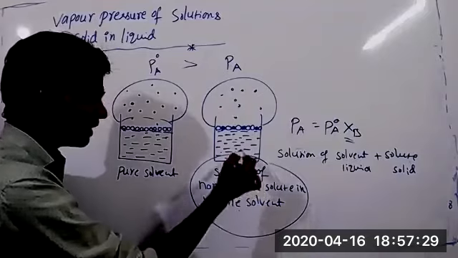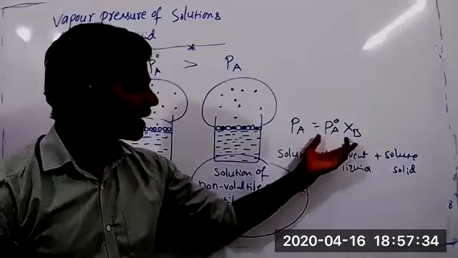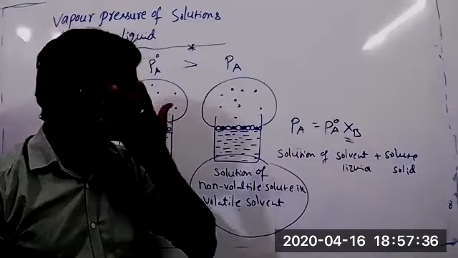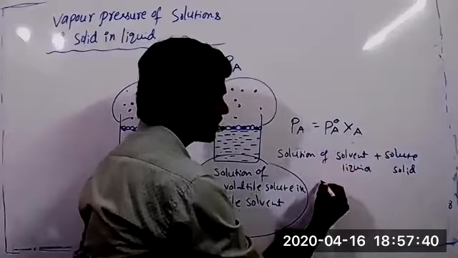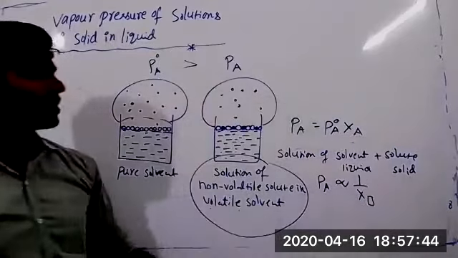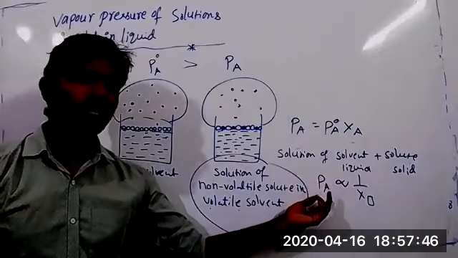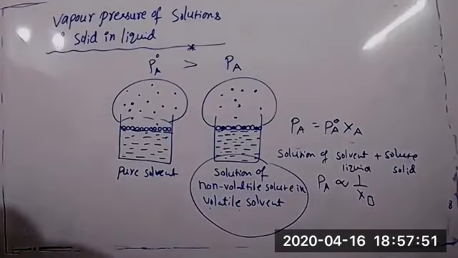If non-volatile solute is there, its vapor pressure is decreasing. Okay, here I gave PA is equal to PA power 0 into XB, right? That's correct. XB is inversely proportional, sorry, XB is inversely proportional to the partial pressure of component A. Next, any doubt? No, sir.